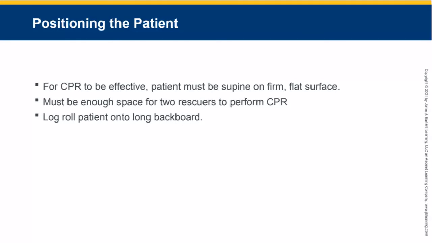For a code to be effective in the field, you need at least 3 or 4 persons. 2 persons in the field cannot do effective CPR. You can try, but it certainly won't be effective.